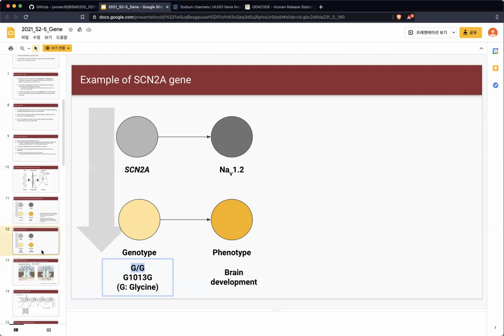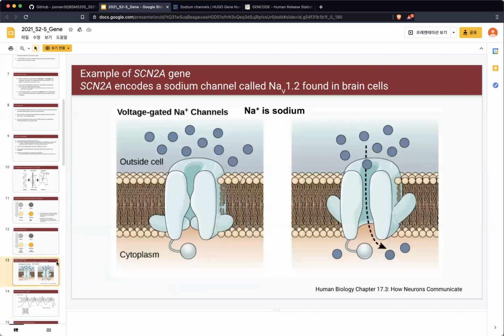So how SCN2A works in our brain is that it is a sodium channel which transfers sodium ions from the extracellular space into the cytoplasm. So it modulates those ions across the cell membrane, and it actually works on the brain action potential, which is the signal system of your thoughts, cognition, emotion, all of the things happening in your brain.